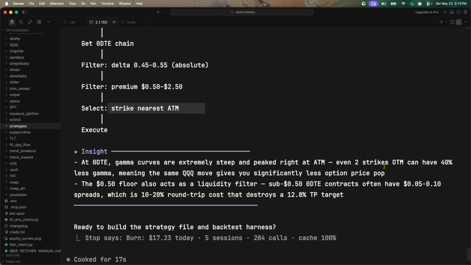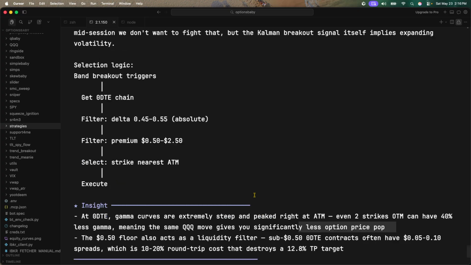Even 2 strikes OTM can have 40% less gamma, meaning the same QQQ moves give you significantly less option price pop. The $50 floor also acts as a liquidity filter. Sub $50 contracts often have 0.05 to 0.10 spreads, which in a 10 to 20% round trip cost destroys your TP.